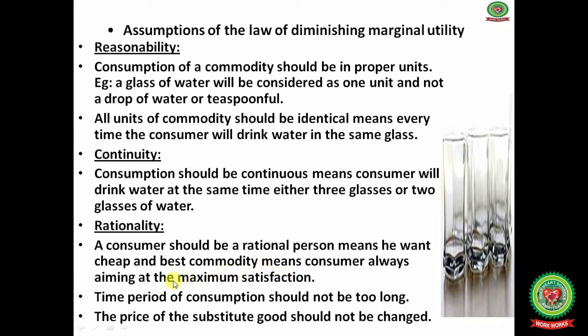Continuity. Consumption should be continuous, meaning the consumer will drink water at the same time, either 3 glasses of water or 2 glasses of water. Next one is rationality. A consumer should be a rational person, meaning he wants cheap and best commodity, meaning the consumer is always aiming at the maximum satisfaction.